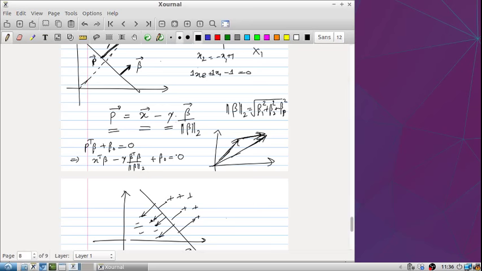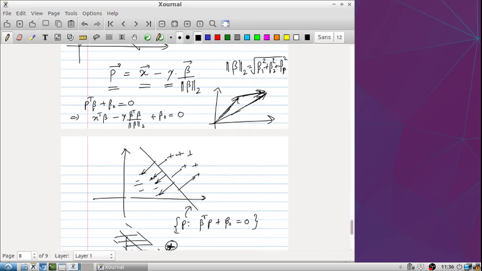I just substituted the point P into this. This equation is in terms of a given point, and the distance I still don't know, but it eliminates the projected point, which I don't know.